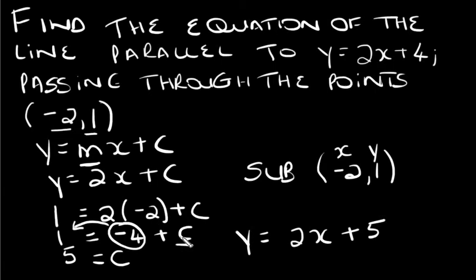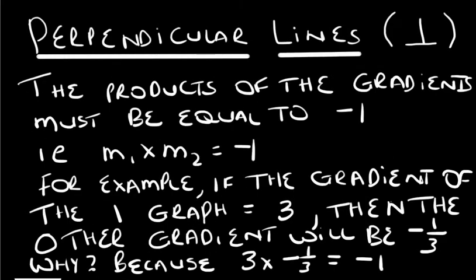Let's have a look at perpendicular lines. So the product of the gradients must be equal to negative 1. What does that mean? It means that when I multiply the gradients of the two graphs together, my answer must be negative 1.